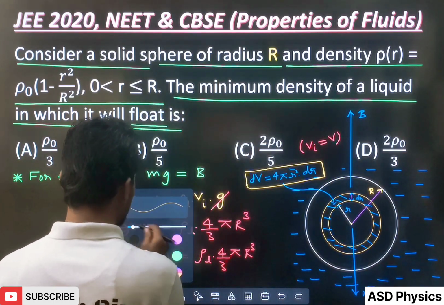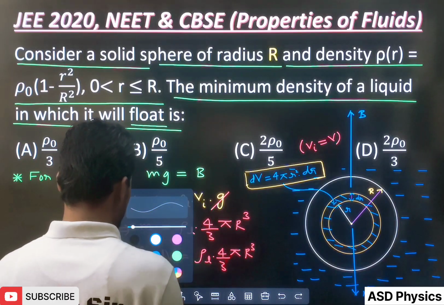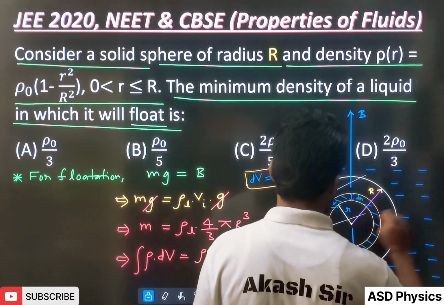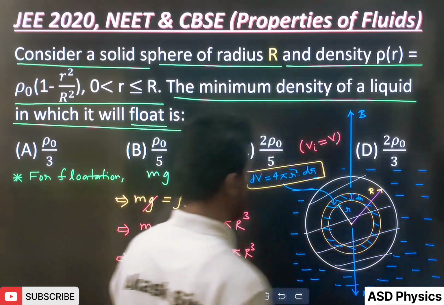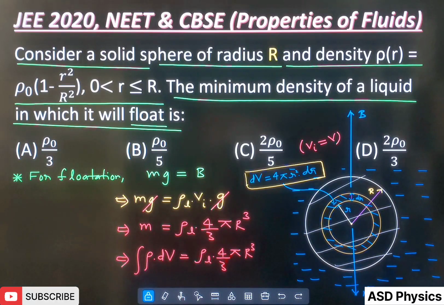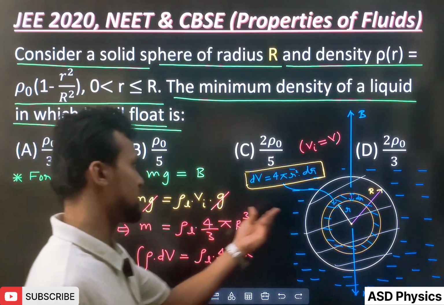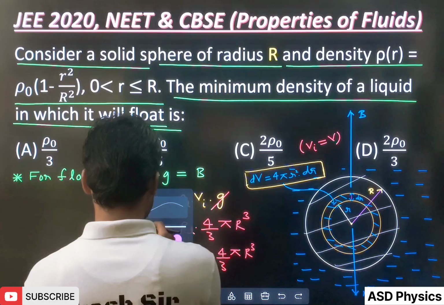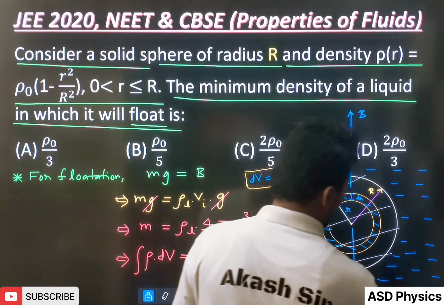Now it is very easy, I just have to put the value of dV and do the integration. So we'll go to the next page now.